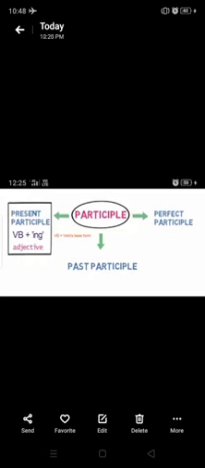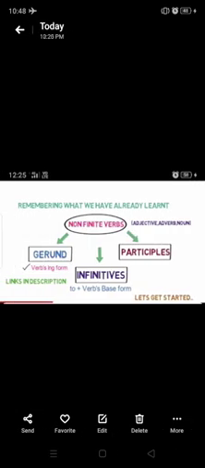So let us start with participle. We have the first type of participle, that is called the present participle, as you can see in the slide. Now how do we form a present participle? We create a present participle by adding ing to the verb's base form, and it acts like an adjective. Now here, even for gerund, we used to add ing to the verb's first form.